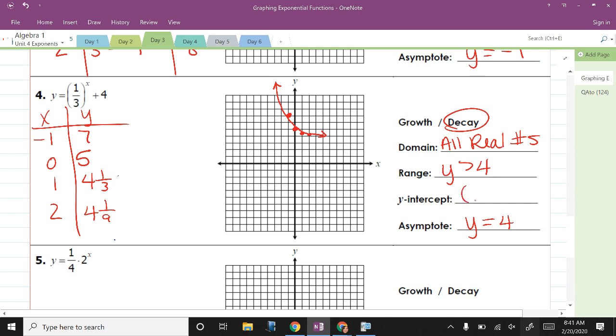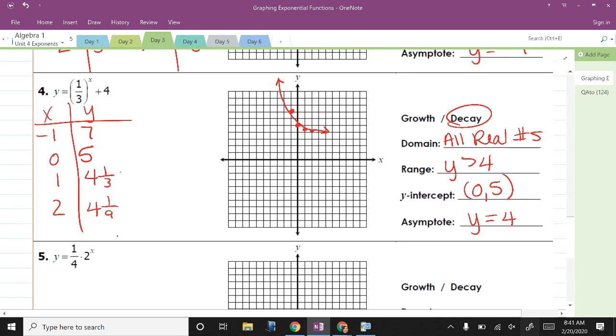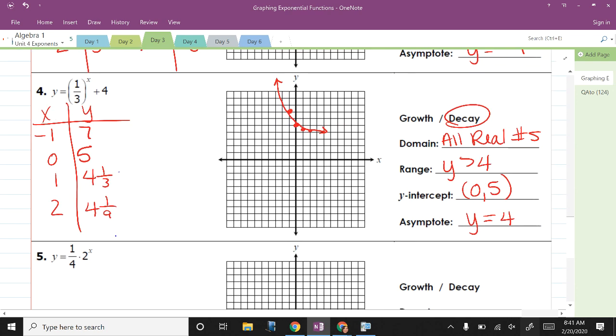This time, what's my y-intercept? 0, 5. Very good. Good job. All right, so that's what happens when you have a plus or a minus after your number. That shifts your asymptote. Okay? A plus or a minus after your exponent shifts your asymptote. If it's plus, it brings it up. If it's minus, it brings it down. Is that good with everybody?